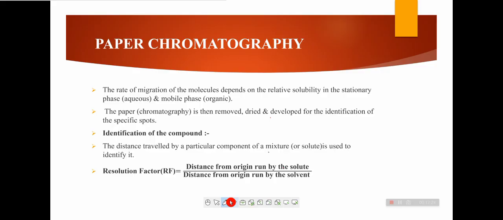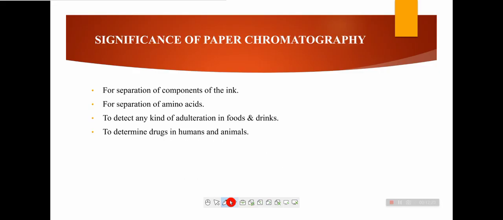So, paper chromatography is a chromatographic technique used to separate a mixture of chemical substances into its individual components. Now, talking about the significance of paper chromatography: it can be used for separation of the components of ink, because it is based on the movement of colored substances on the basis of their polarity.